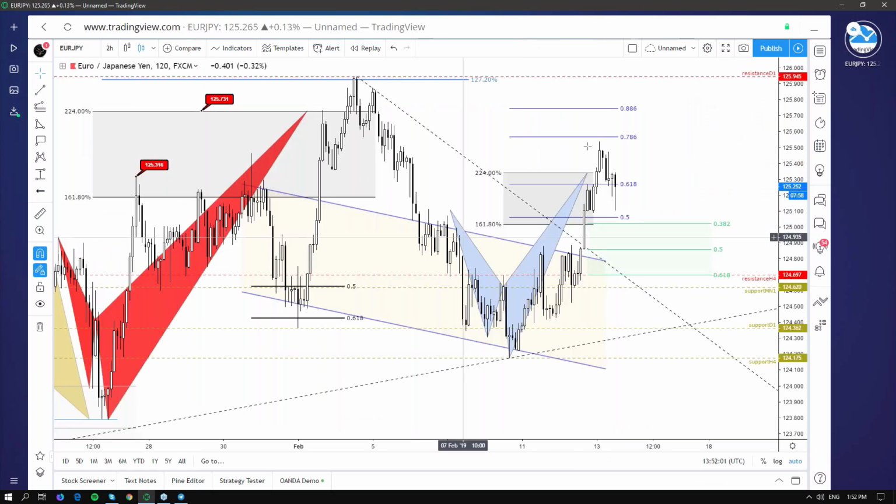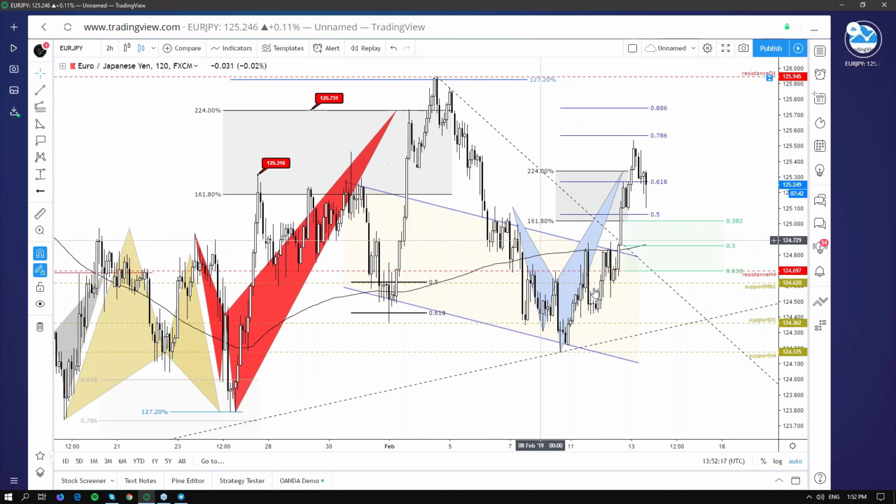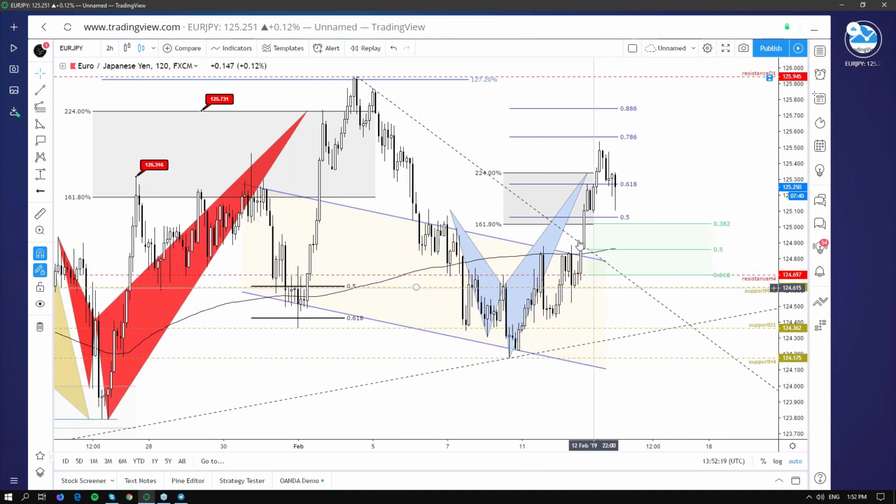One of them is this one, euro versus yen. As we can see here, I've shared this shark pattern at 224 extension. The market has printed a new resistance above the completion point, and then it started to fall. And from below, I identified yesterday the possibility to print two shark patterns.